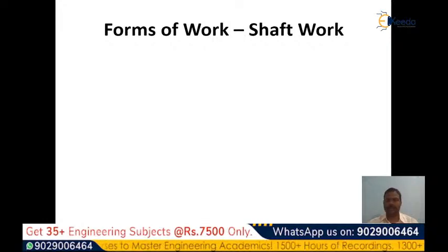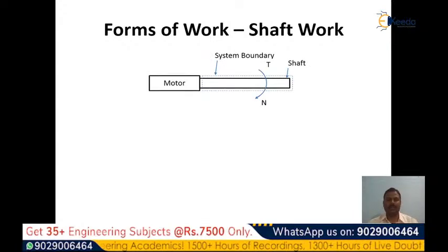The other form of work is shaft work. Here let us consider a shaft that is run by a motor. Let us consider that shaft itself as the system, and the boundary is also given here. If T is the torque that is supplied, then when the torque is applied there will be an angular displacement.